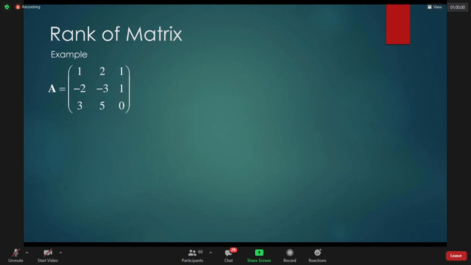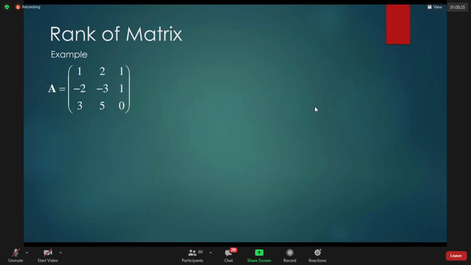So in principle, the rank of a matrix is the maximum number of non-zero rows that we can have after we eliminate everything else using the Gauss method. So finding the rank of a matrix means apply Gauss transformations until you get the 0 rows at the bottom and you cannot get any more 0 rows. Then the number of non-zero rows will give you the rank of the matrix.